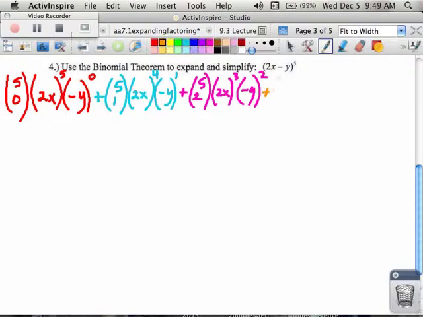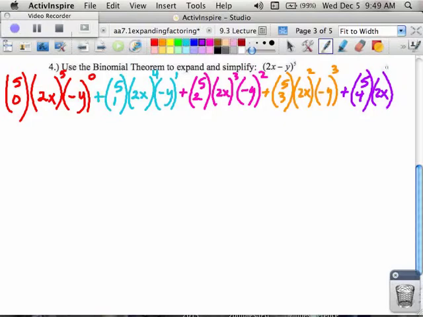My next set will be 5, choose 3, 2x to the second power, negative y to the third power. My next set would be 5, choose 4, 2x to the first power, negative y to the fourth power.